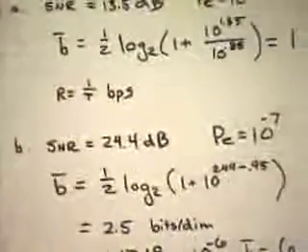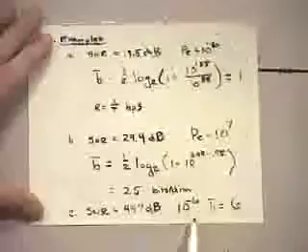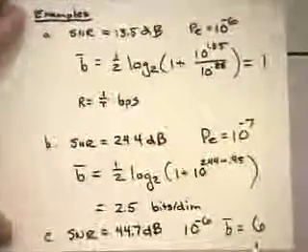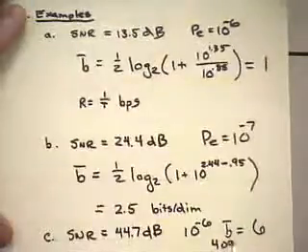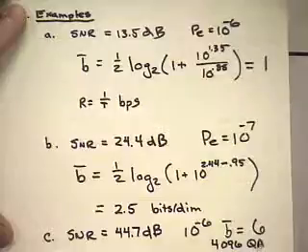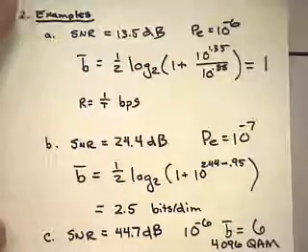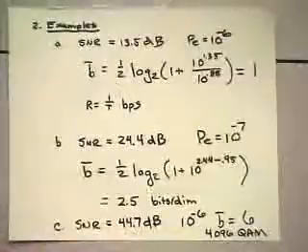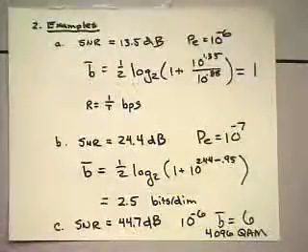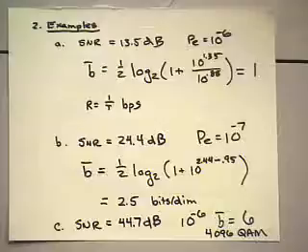If it were a QAM design, 6 bits per dimension is 12 bits per symbol, because there are 2 dimensions in QAM. So I would have 4,096 QAM. High signal-to-noise ratio, lots of points in the constellation. And I would know that roughly I could have a system that would perform with what will probably be a very high data rate.